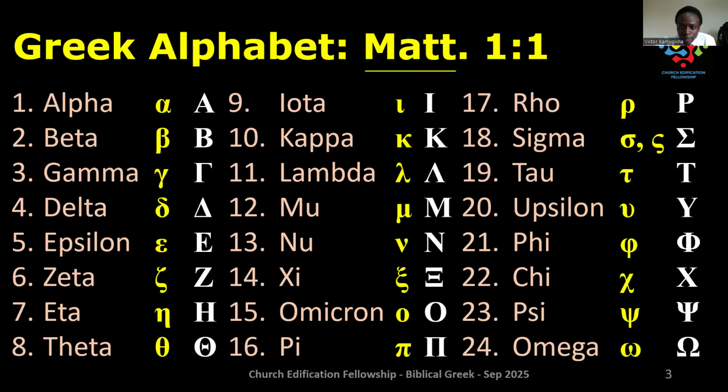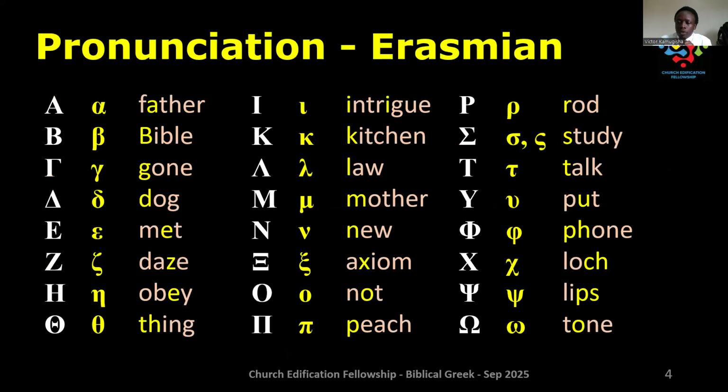Shortly, we are going to go to Matthew 1 for an illustration. But before we go there, I still want to take you to the pronunciation, how these letters are pronounced. Now, take note, there are 3 ways of pronunciation. There is the modern pronunciation, as used in Greece today.